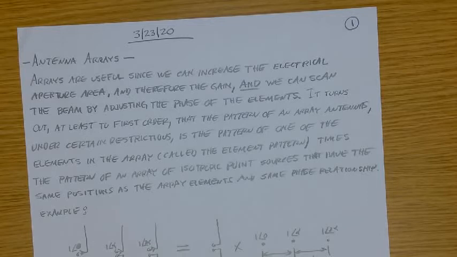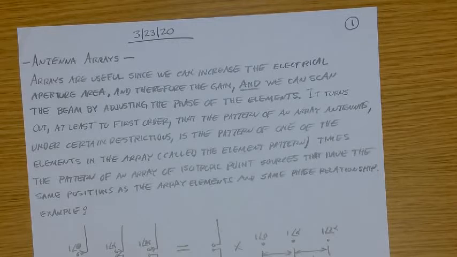All sorts of variations on the theme there. But the two major reasons why we have arrays are A, increased directivity, and B, the ability to scan the beam in a desired direction using a linear phase shift down the elements of the array.